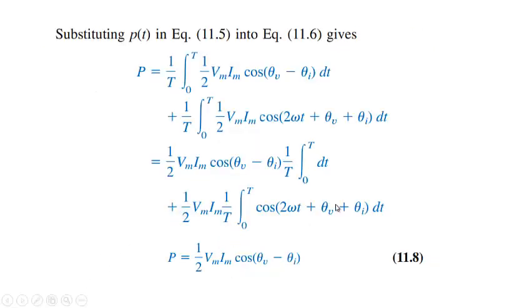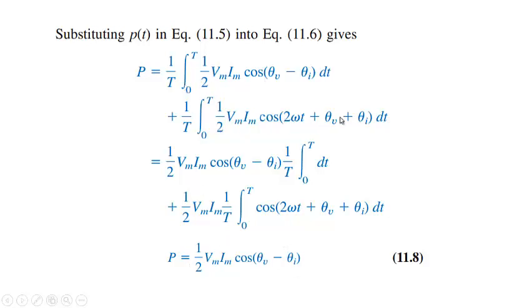By doing the same thing, you can see here 1 by T, 1 by 2 Vm Im cos of omega t dt. All these quantities are constant: 1 by 2 Vm Im is independent of time, and dt will be integrated to T. From 0 to T it will be T, and T will cancel out. So it comes out to be this value.